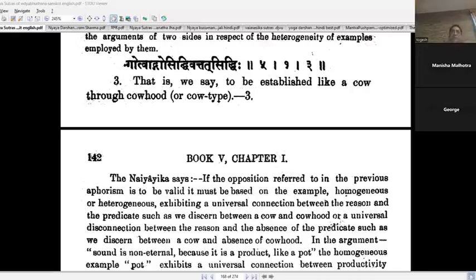So that is why proving something through sadhyasam is like proving the cowness of a cow, or proving that an animal before you is a cow, using one or two properties. Using one or two properties, you are trying to prove that it is a cow. So this commonness is there.